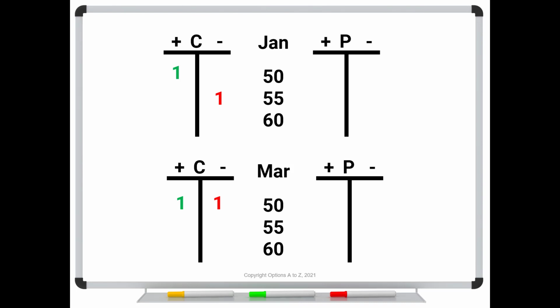That is a short calendar spread. But if I do that, notice what happens. The March 50s cancel out and I'm just left with a January vertical. So in this case, people could argue all day long that they like the diagonals better, but again, if there's no benefit in the time spread, let's not put it into the equation. Let's get rid of it and just do the vertical.